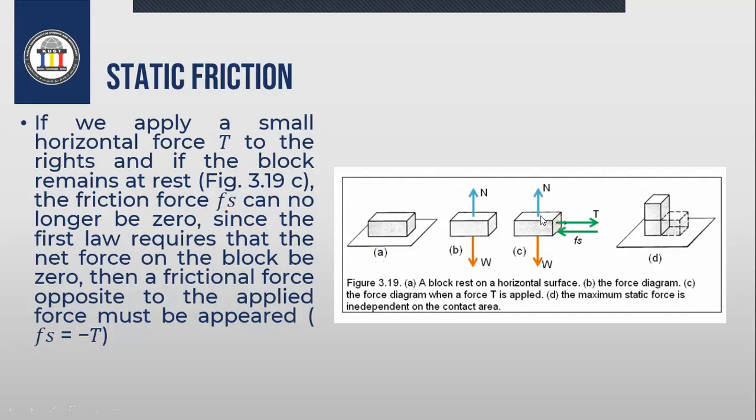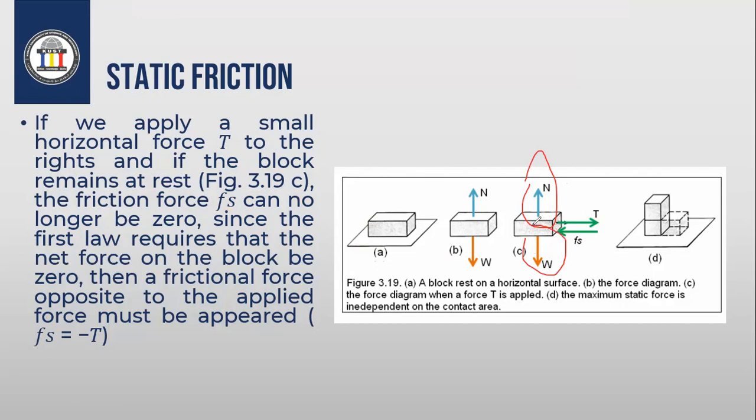Why? Because now this one cancels this one, so the net force will be equal to zero, and the T force that you apply is cancelled by the friction force. So that means the total force will be equal to zero.